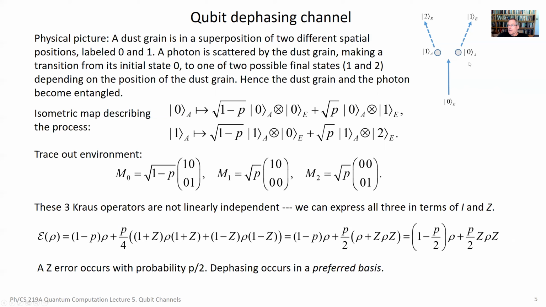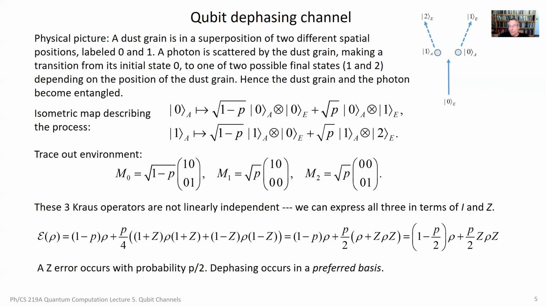There's a little piece of dust. It's floating around in intergalactic space, but it's quantum dust. So it doesn't necessarily have a well-defined position. It might be in a coherent superposition of different possible spatial positions.